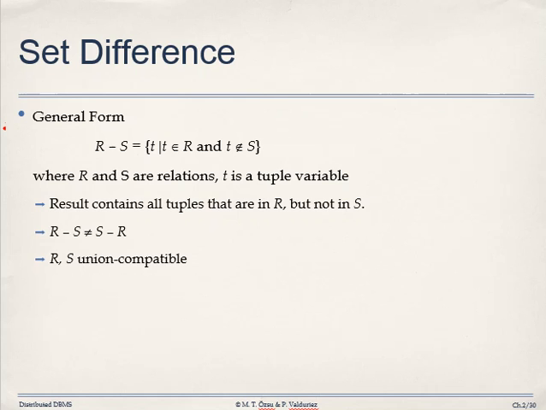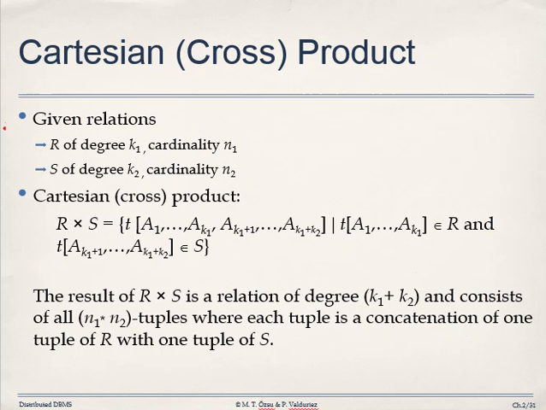Now the Cartesian product, or cross product. In Cartesian product, take relation R of degree k1 and cardinality n1, and relation S of degree k2 and cardinality n2. If we perform the Cartesian cross product, the symbol is something like a multiplication.